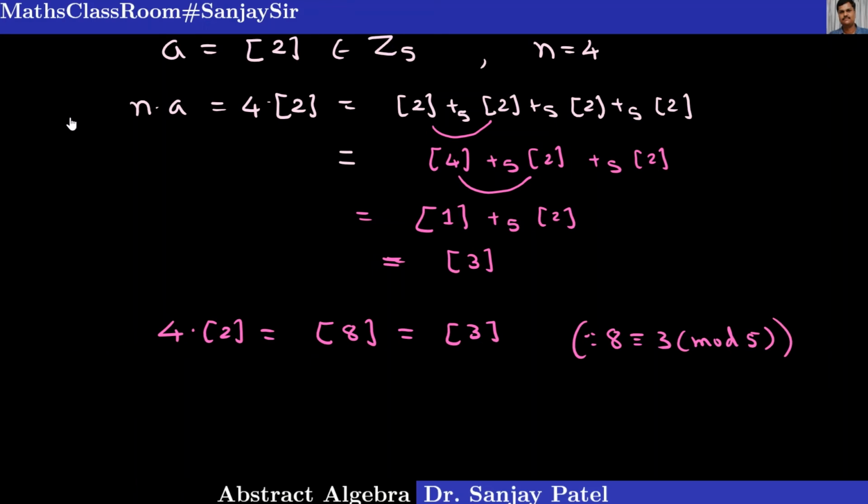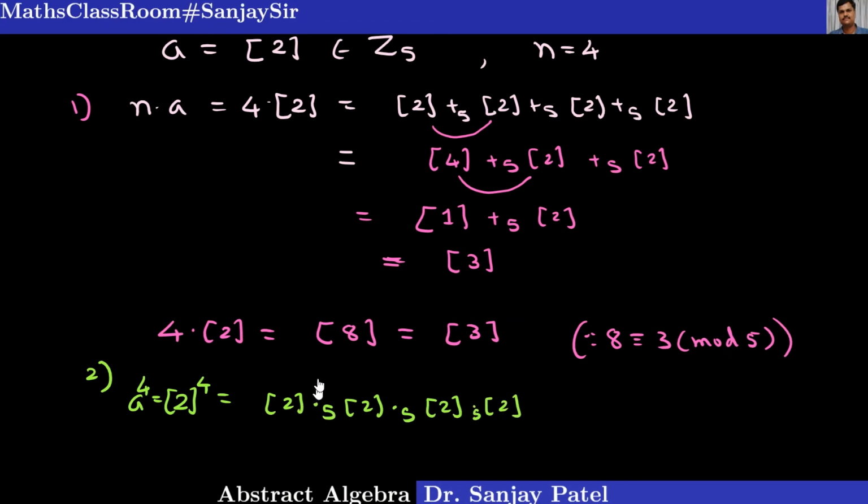And the second thing is the meaning of 2 raised to 4. Well, let me write this way. a raised to 4, that is class 2 raised to 4, means class 2 · class 2 · class 2 · class 2, 4 times.